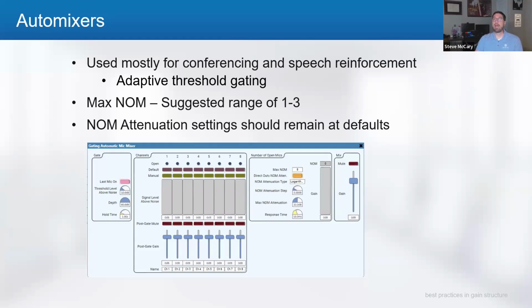So if you leave the last mic on, then at least one mic will be open, and the people that are on the far end, or if you're doing a recording or something like that, it'll at least sound like there's still something going on. However, if that is not something that you want to happen, then by all means, turn it off. That's why it's an option.